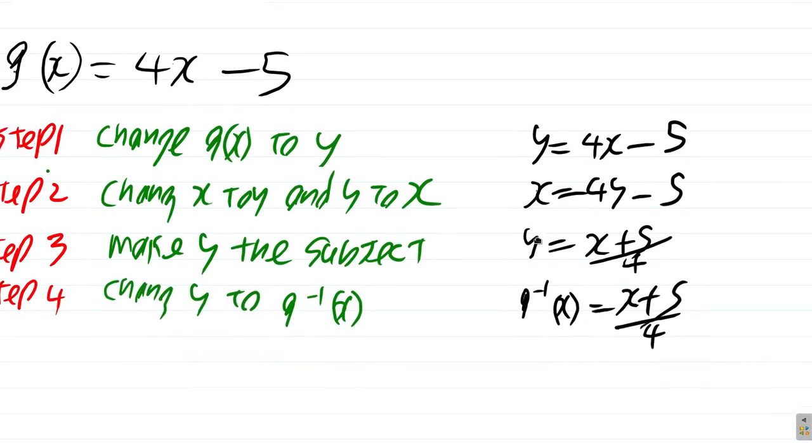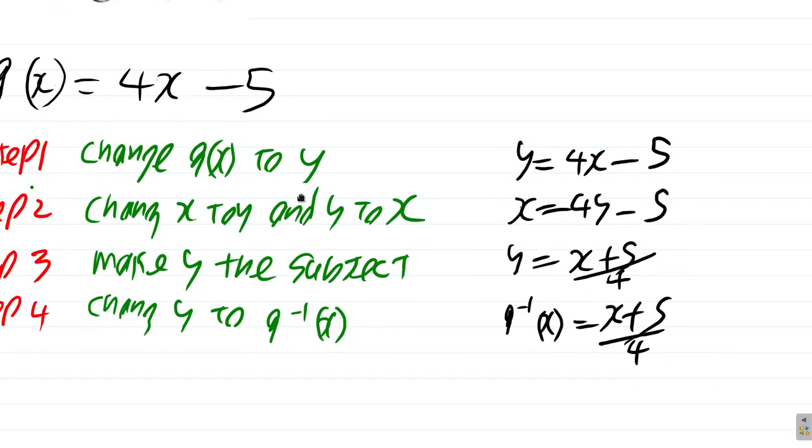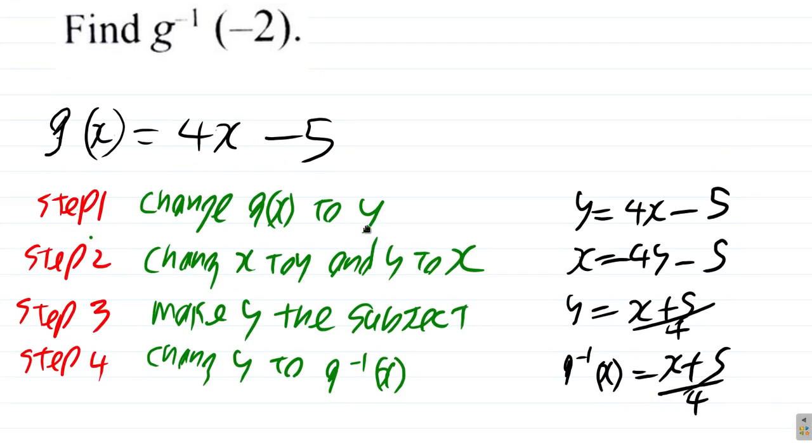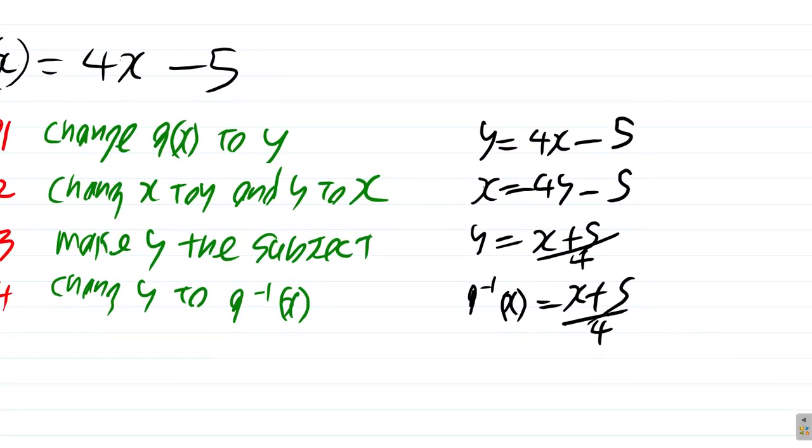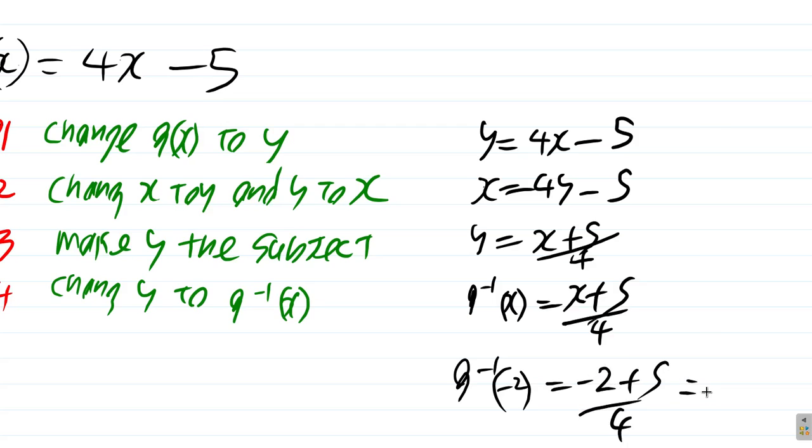Alright, it would be x plus 5 over 4, and then you make x negative 2. So if you put g inverse of negative 2, that would be negative 2 plus 5 over 4. What is negative 2 plus 5 over 4? It is 3 over 4. That's one thing you could do. Alright?